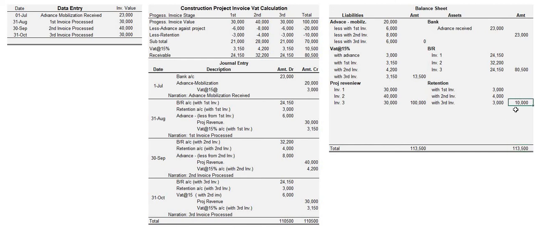When we prepare the invoice for this 10,000, after the retention period is over, we will put an invoice of 11,500, including VAT, not 10,000.